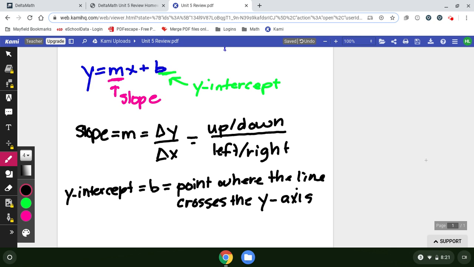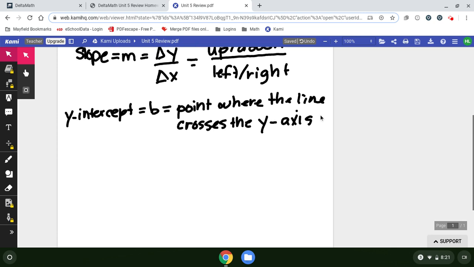The other thing that I want to bring up is what two things do you need to do with these. You should be able to take an equation and graph it, and you should also be able to have a line graph and write the equation.